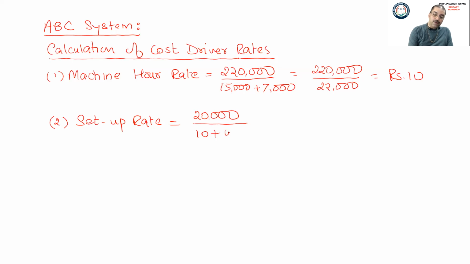For product M, it is 40 setups. So 10 plus 40 is 50. So 20,000 divided by 50, ₹400 per setup.